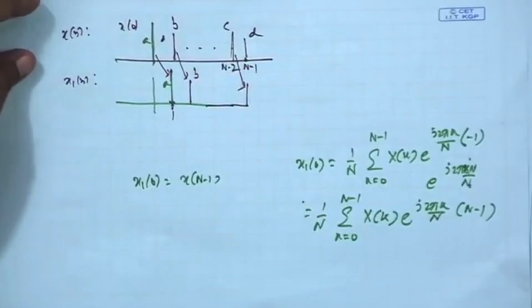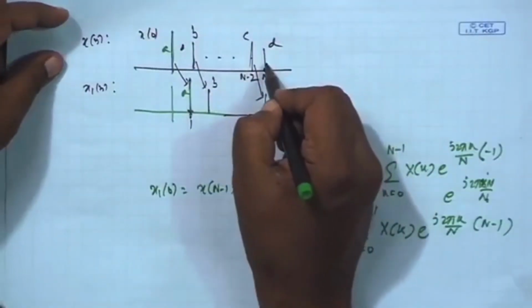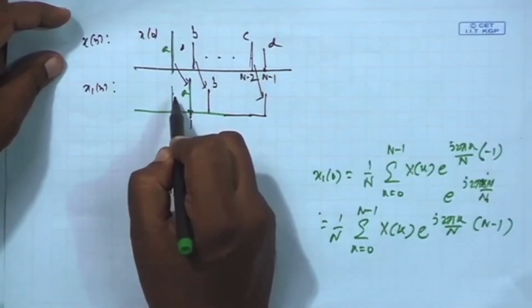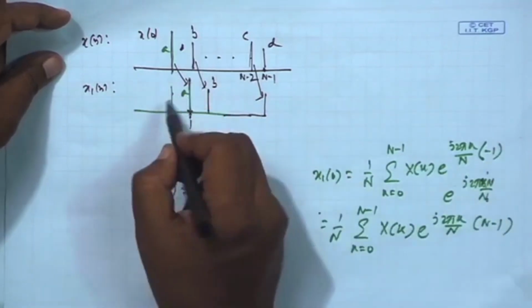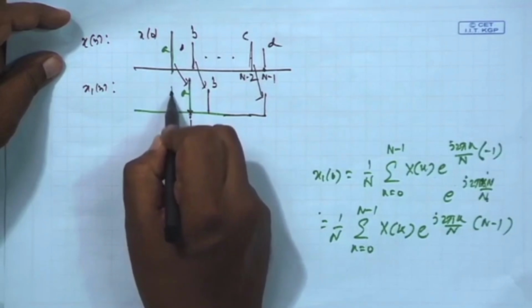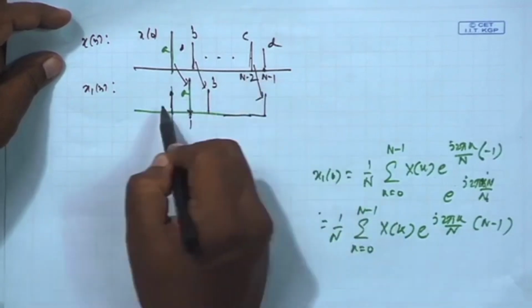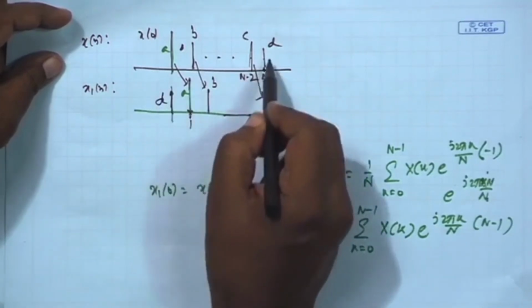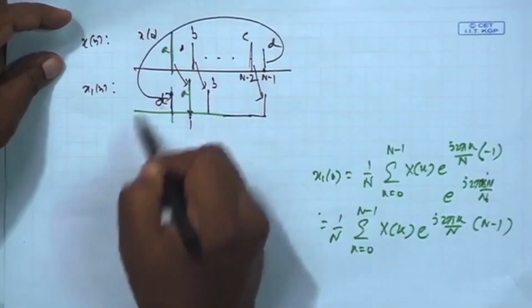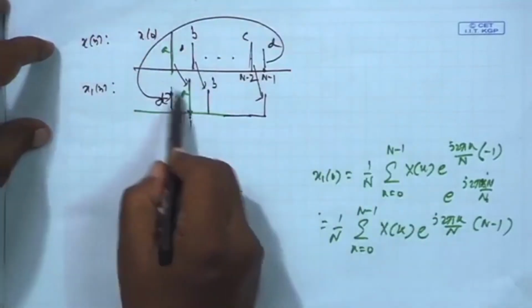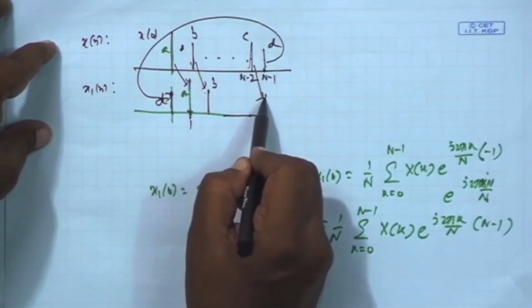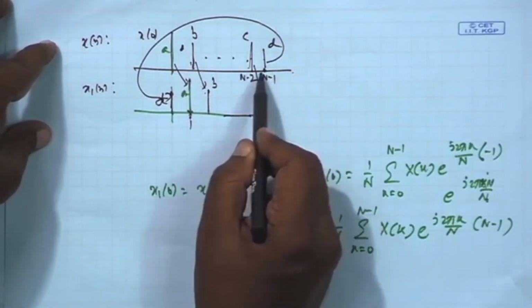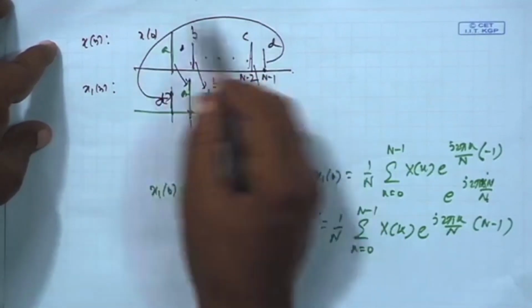That means this x 1 0 at this point will be d, x n minus 1. So it is a circular shift. A goes to the right by 1, b goes to the right by 1, this goes to the right by 1. The last one does not move further right, it comes back to the original position.